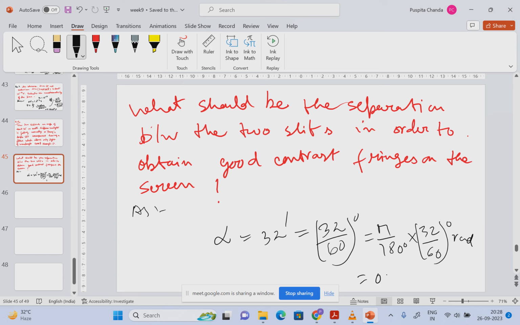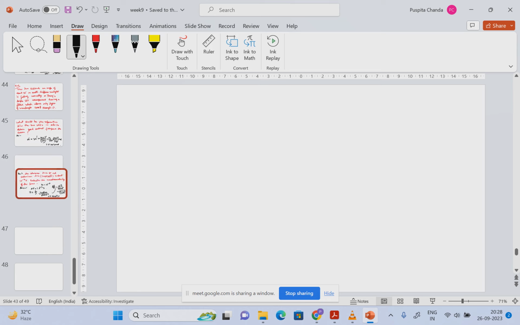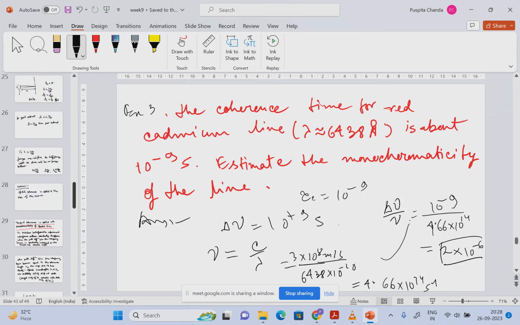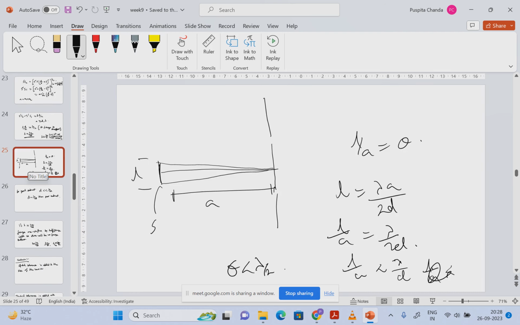So it will be 0.009 almost. So spectral coherence we have obtained here, theta.